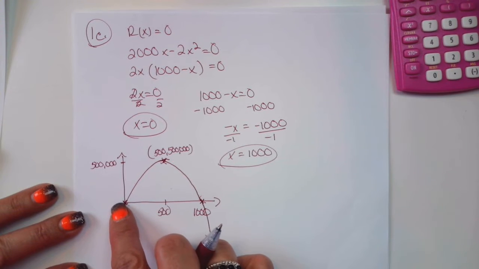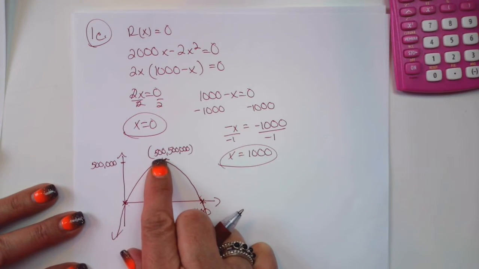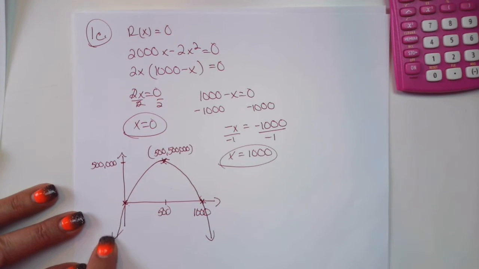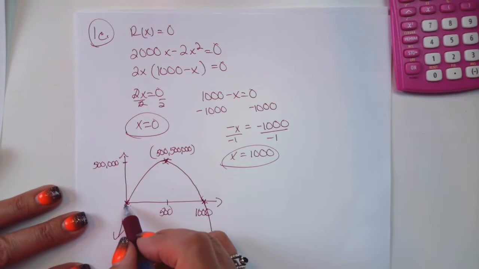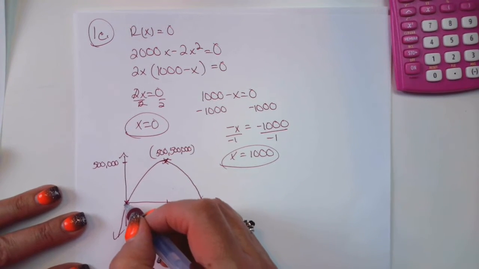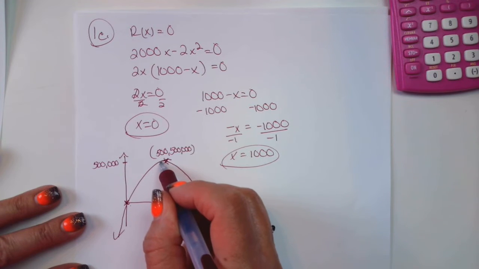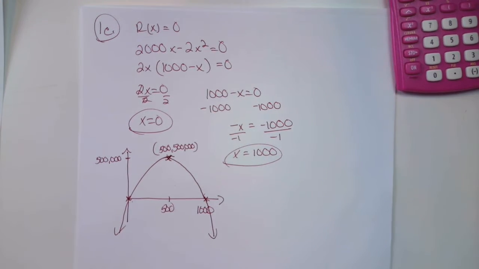Here the same thing, from 0 it keeps going up and up. We can't have basically a negative number of, well, we could have a negative number of items, but we're basically looking at this. So we start from 0, and then we keep going up and up until we hit the max on the revenue, and then go down again.